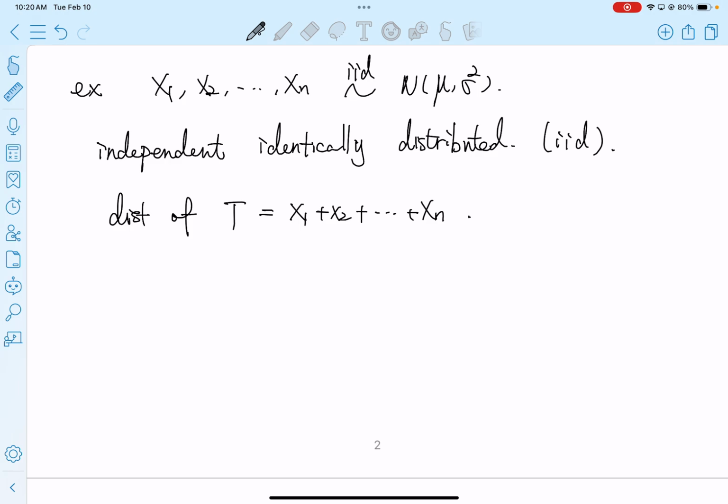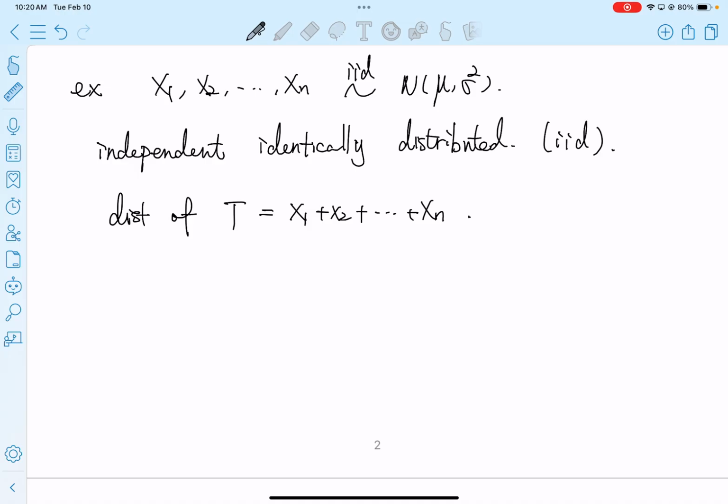But now the question is, when you group everything together, what is their random behavior? We will need to go through the moment function to check the random behavior of that sum, which is T here.